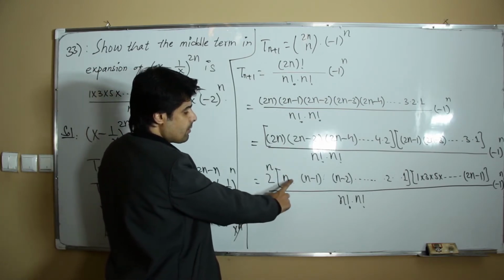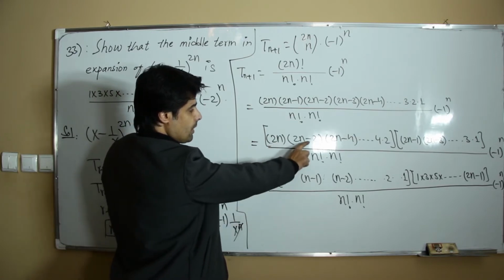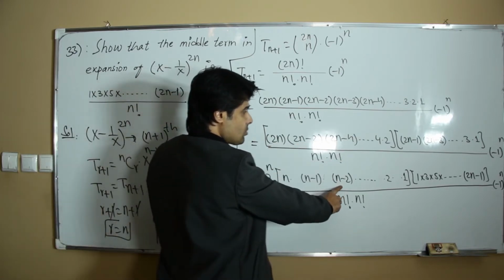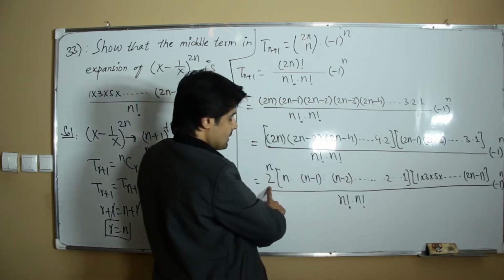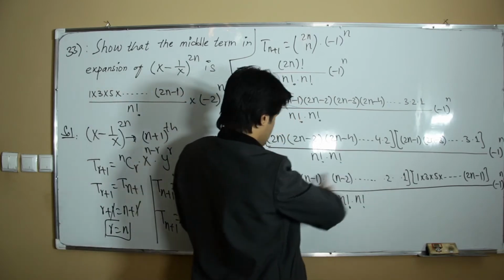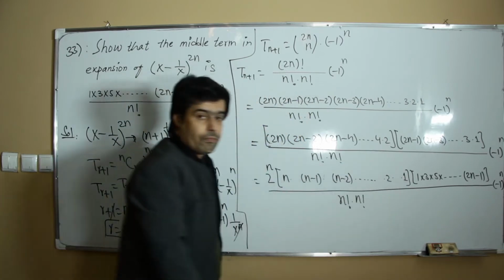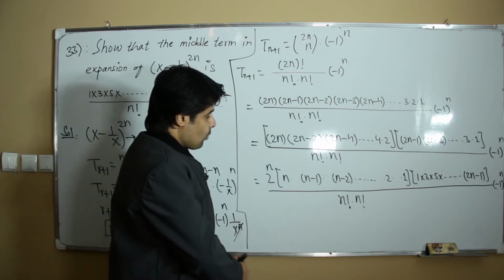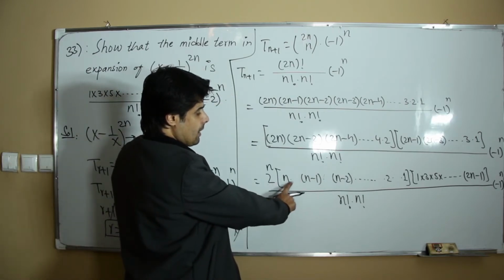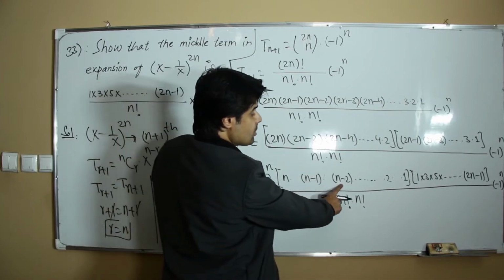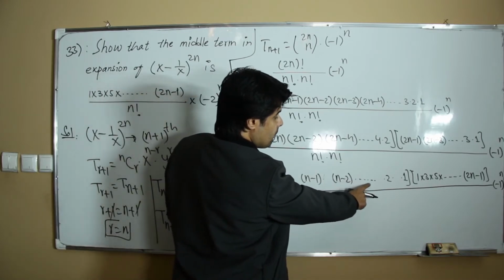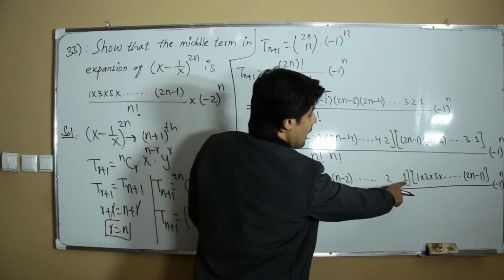Now what is the remaining part? We have n, n minus 1, n minus 2, down to 2 and 1. Now what do you think? n, n minus 1, n minus 2, n minus 3, n minus 4, up to 2, up to 1.